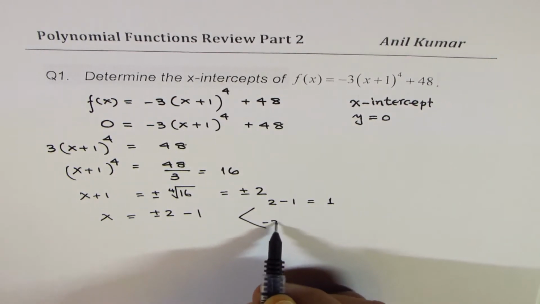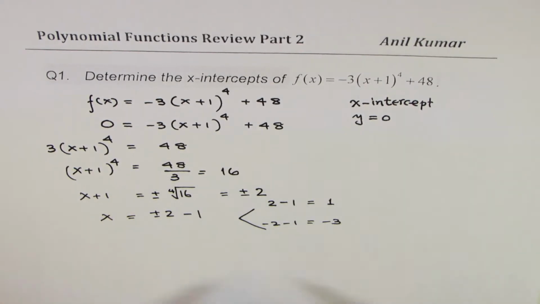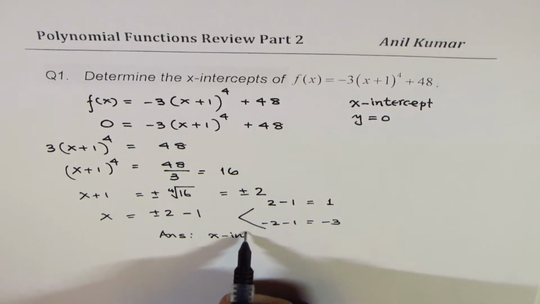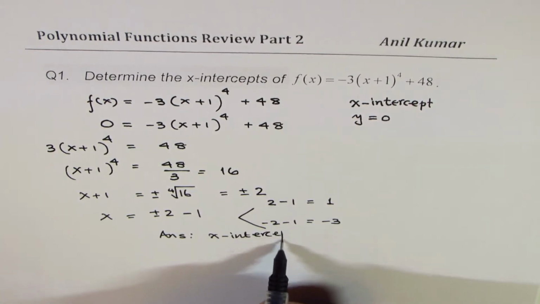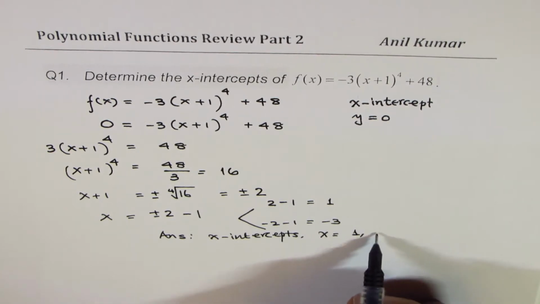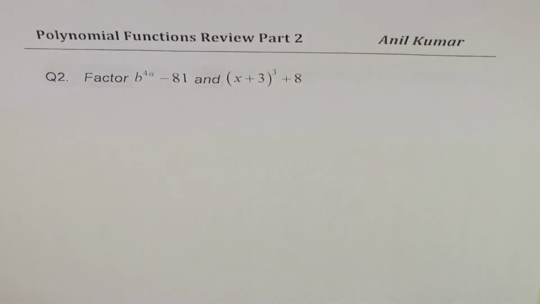The other one is minus 2 minus 1, which is minus 3. So we get two x-intercepts. We can write these intercepts as x equals 1 and minus 3. Right?